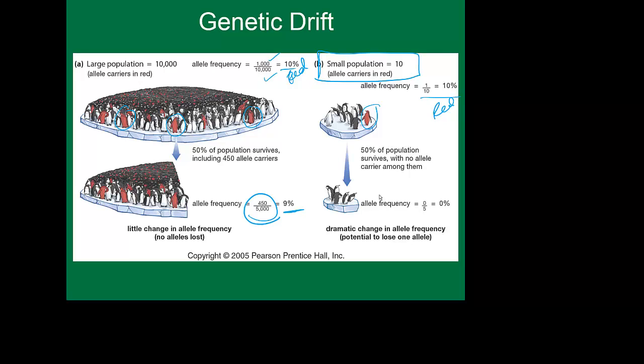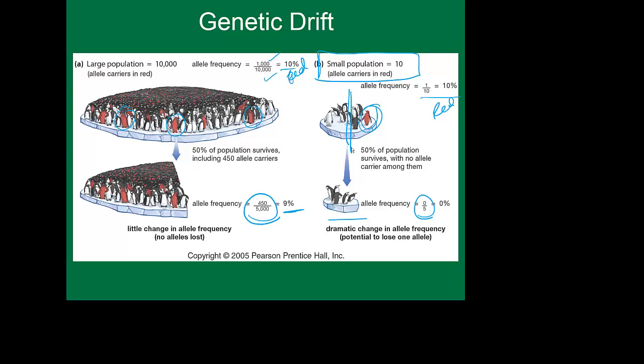But if I look at 50% of my population surviving here, I actually get no survivors that are red. Now, no, you are not going to see red penguins in nature, but what we're using the red for is to indicate changes in a particular allele just by random dumb chance. The red guy was standing on the wrong side of the iceberg.